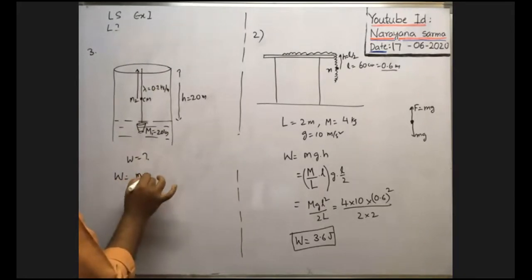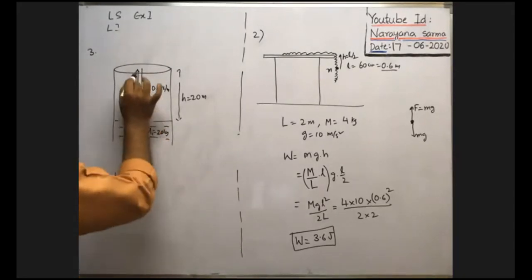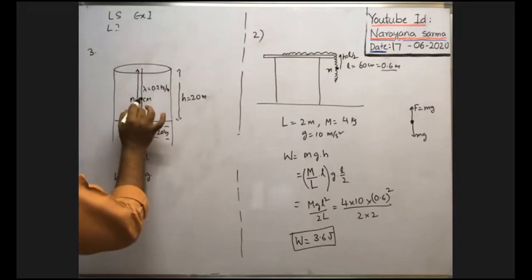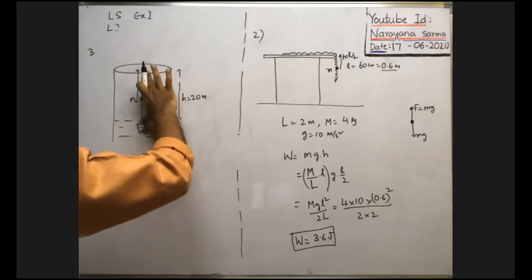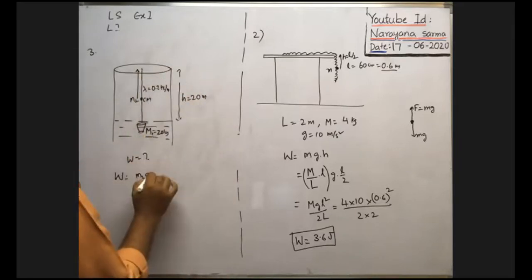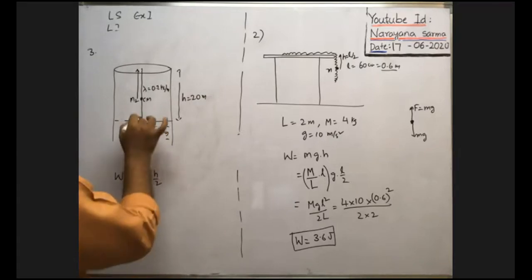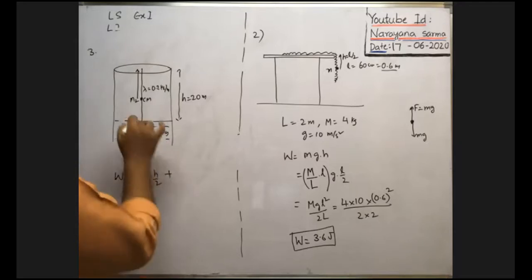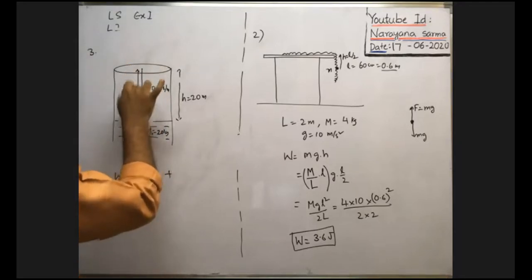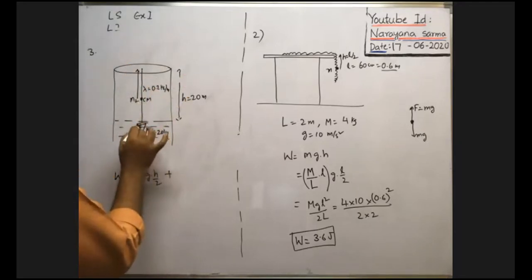To lift the central mass to the top of the well, the work done is M2 into g into h by 2. This total length is h. So the central mass is to be lifted to a height equal to half of the length of the rope, or half of the depth of the well. This is the work done to lift the hanging rope to the top of the well. Plus, when compared with the length of the rope or depth of the well, the height of the bucket is very small.